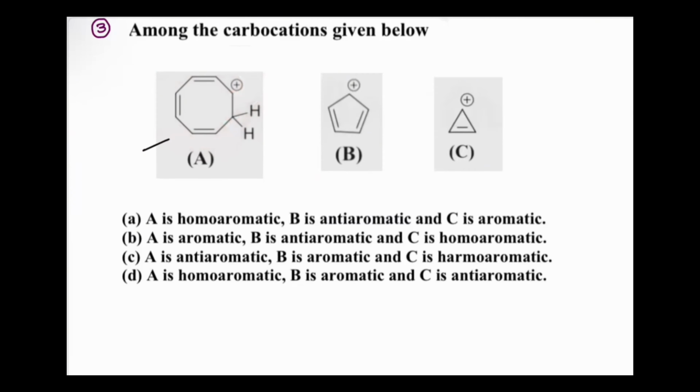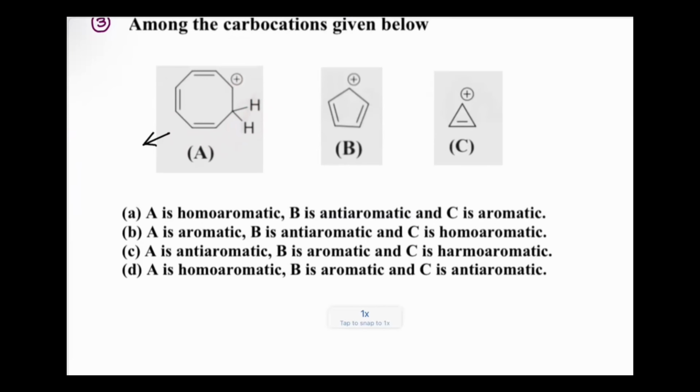So in this 8-membered ring, 1 carbon, the sp3 hybridized carbon, will move above the plane, and the remaining carbon atoms, that is a total of 7 carbon atoms, 1, 2, 3, 4, 5, 6, and 7, will remain in the plane, and there will be 1 positive charge and 3 pi bonds.